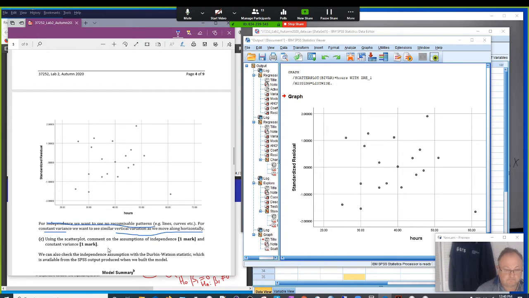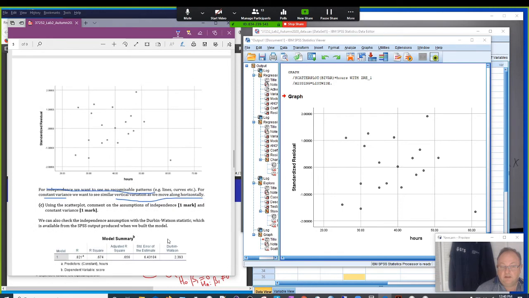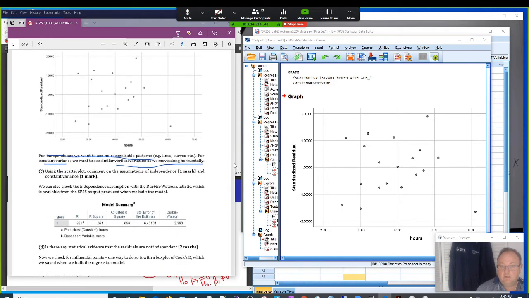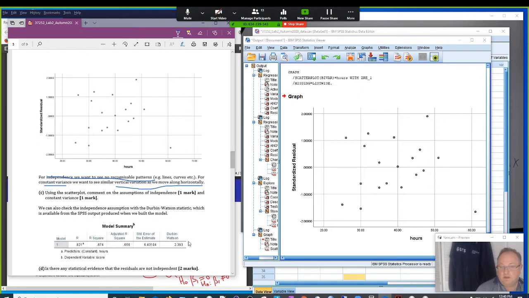Now we can check the independence assumption with a DW statistic, which is available from the SPSS output produced when we built the model. So basically, we can do the same thing, not just visually, but from a statistical point of view, which is what we like to do.